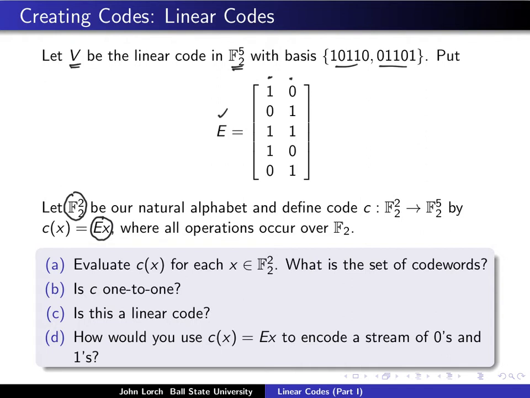So let's do that, right? So the very first x in F2^2 would be just the 0 string. So if I multiply by the 0 string, well, what is that? That will be 0 times 1, 0, 1, 1, 0, plus 0 times 0, 1, 1, 0, 1.